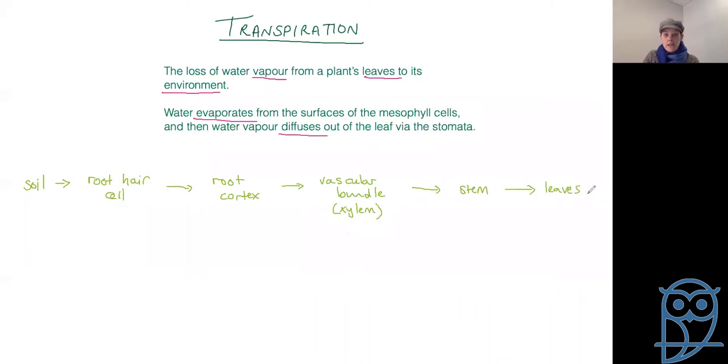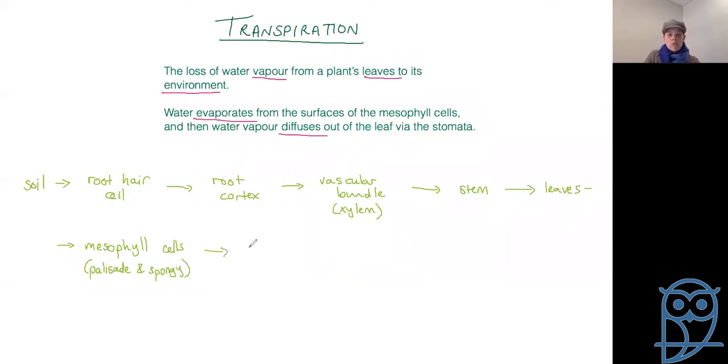Okay, once we get into the leaves, we're going to leave that vascular bundle and move towards the mesophyll cells. Now this is both the Palisade and the Spongy. So your Palisade mesophyll cells and your Spongy mesophyll cells.